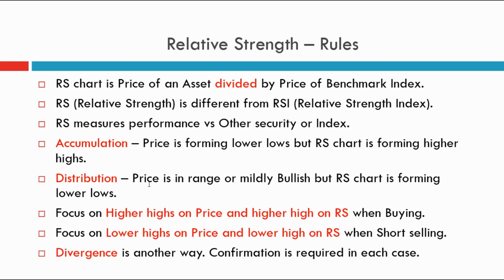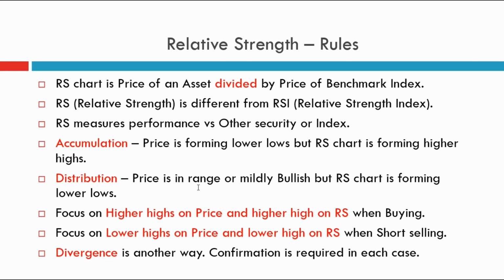But those are just initial observations. What I'm going to show you is that on a standalone basis, the RS line moving up or moving down does not mean accumulation or distribution. You actually have to club it in with price performance and see whether that is true accumulation or true distribution. I'll take you through that part later.